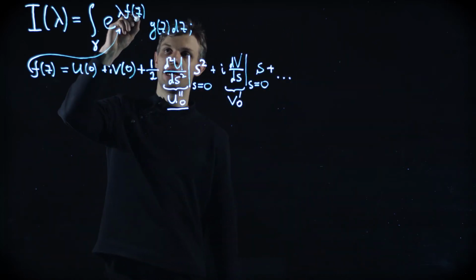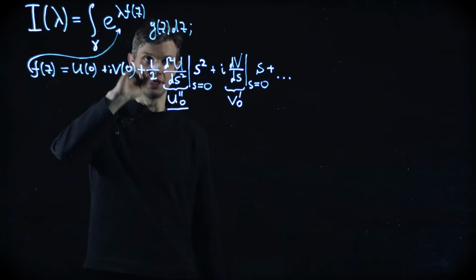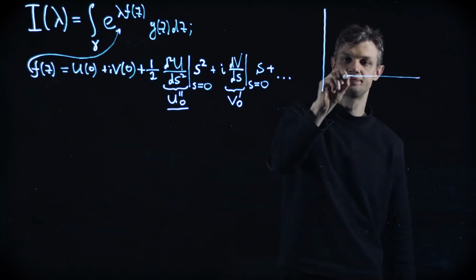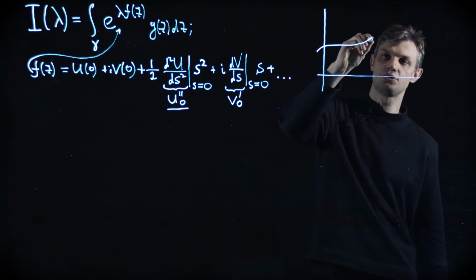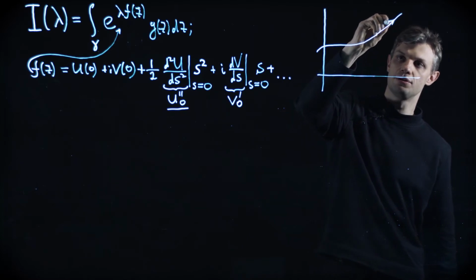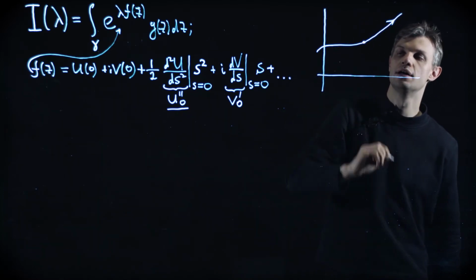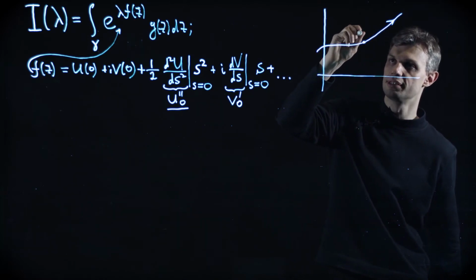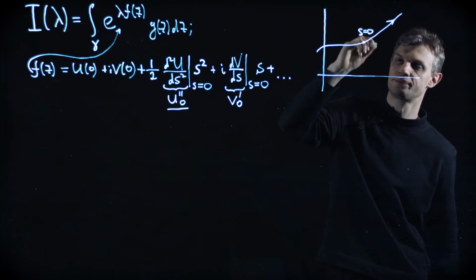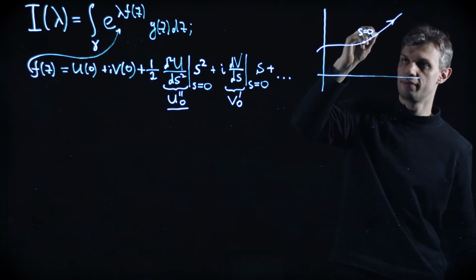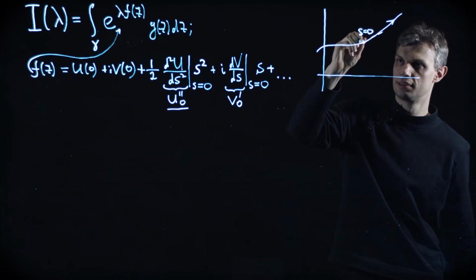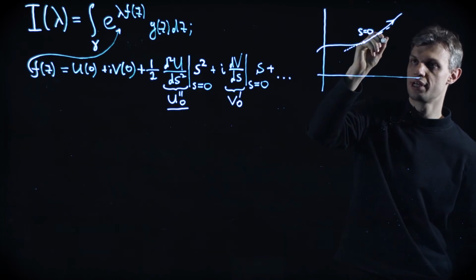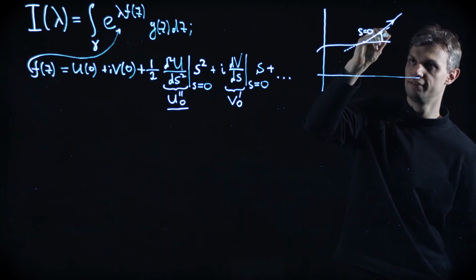When we plug this expansion into the integral, what's going to happen is that we'll integrate along our contour in the vicinity of this extremum point. There is the slope of this contour near this point, so there is some angle alpha.